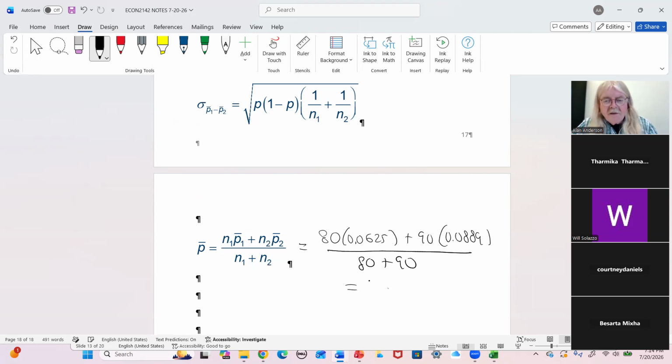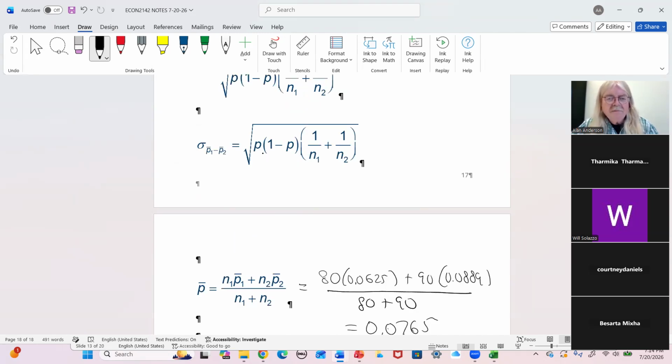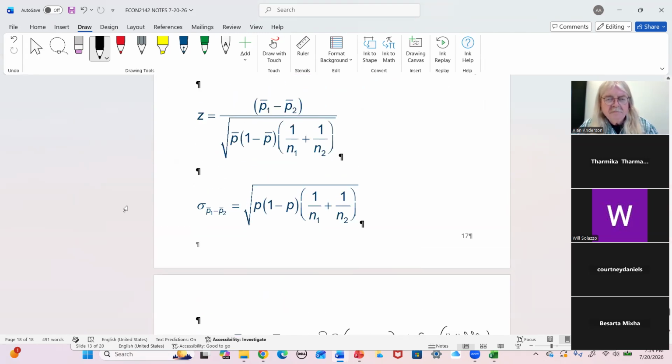It's going to be approximately 0.0765. So that means we can now come up here and do this one.